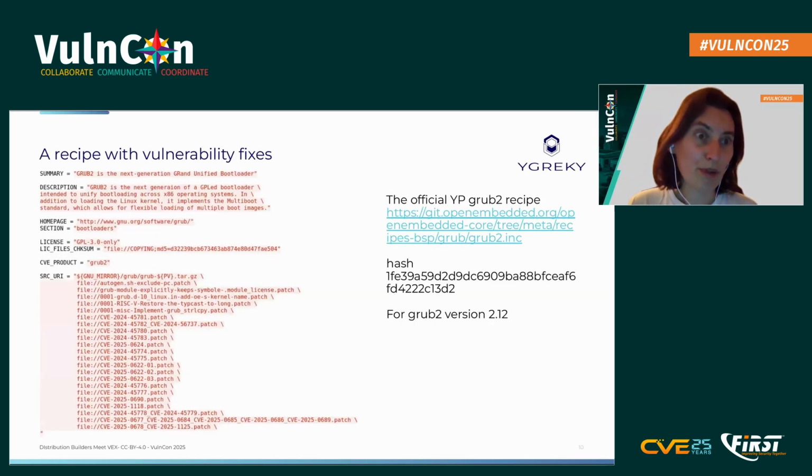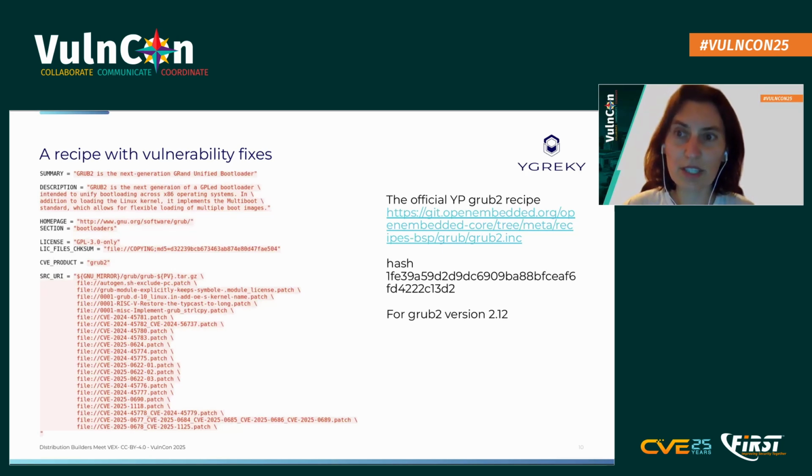But let's go to practice: how a recipe with additional vulnerability information can look. This is a real example of a grub2 bootloader recipe, quite recent. From the kernel main version, at the top you have a summary description.